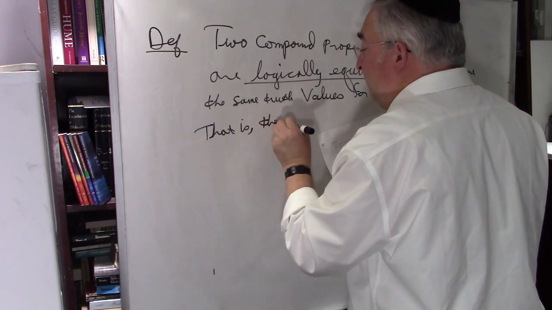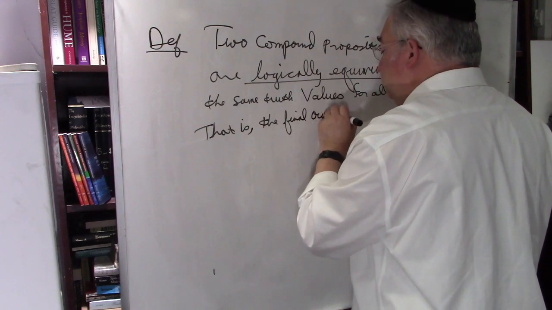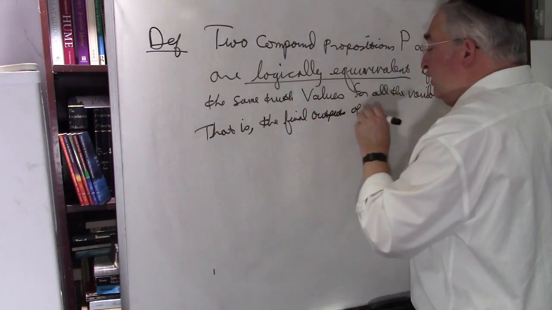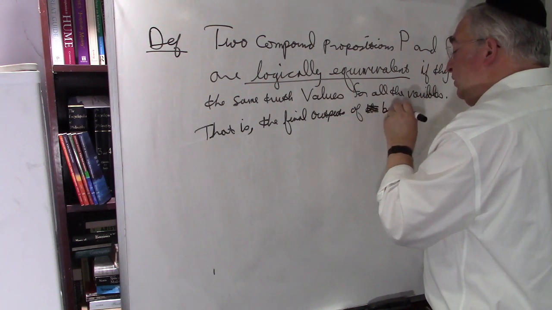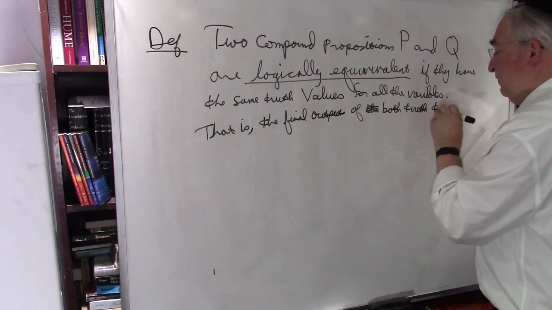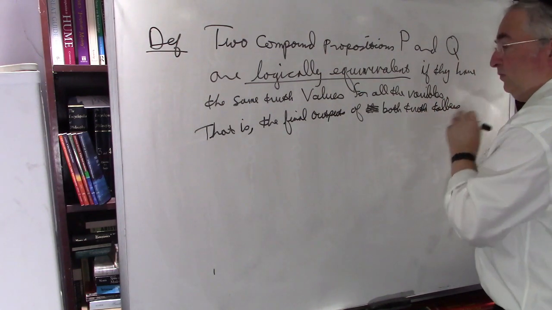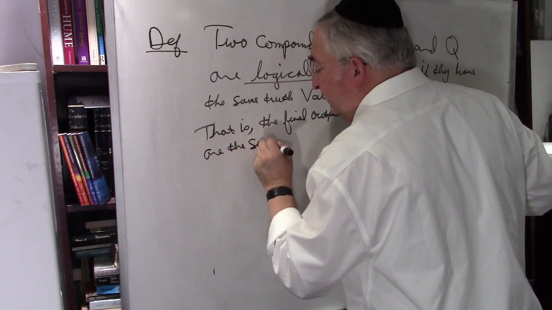Let me restate this. That's another way of saying it. The final outputs of both truth tables are the same.